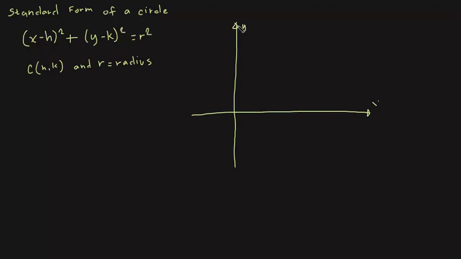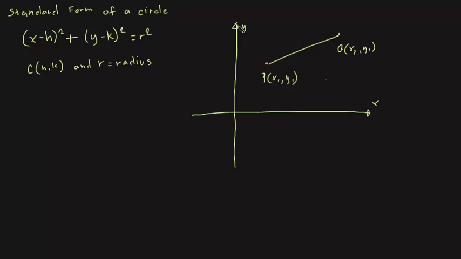We know that if we have two points, let's say point P, which is (x₁, y₁), right here, and point Q, this will be our review on how to work with the distance equation and how the distance equation connects to the standard form of a circle.